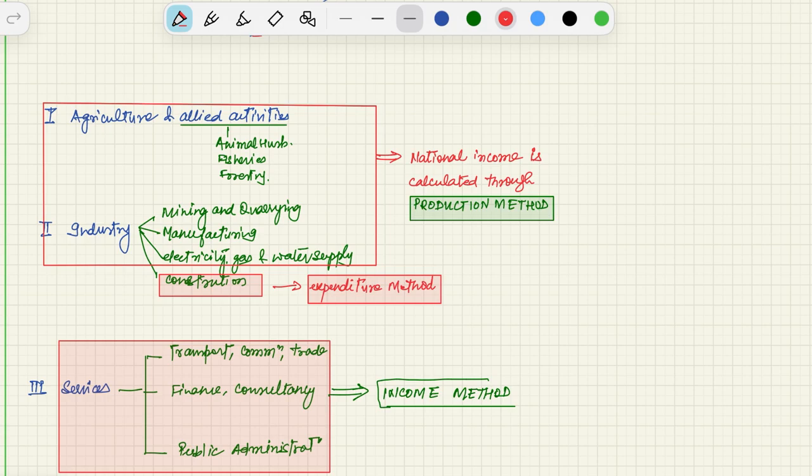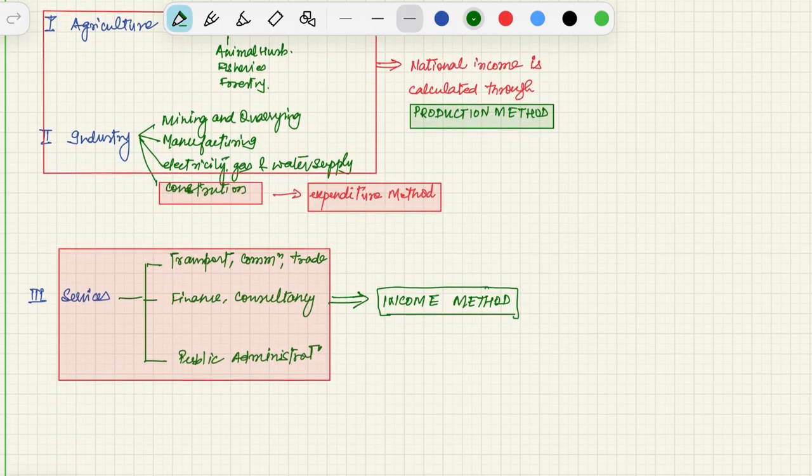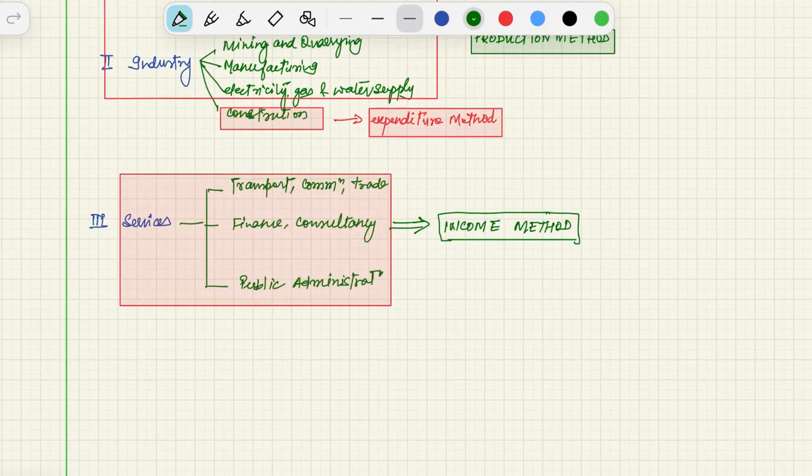So in these ways, we use the production method for agriculture, allied activities and the majority of the industrial sector. We use the income method for the services sector, and we also use the expenditure method for construction activities. I will write a note here.